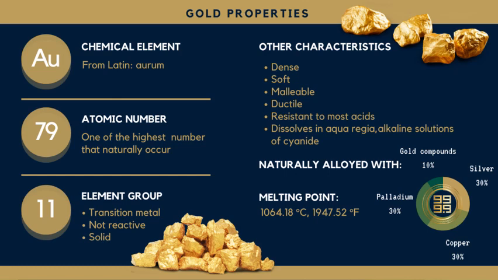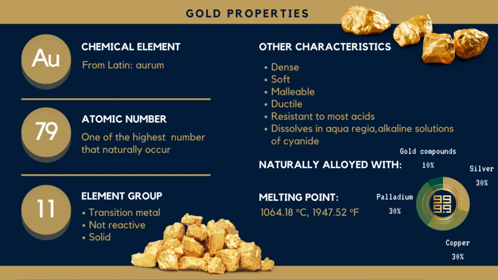and solid in state. Other characteristics: dense, soft, malleable, ductile, resistance to most acids, dissolves in aqua regia, alkaline solution of cyanide. It has high density, soft in nature, malleable, which can be beaten into sheets, ductile, can form a thin wire, resistant to most acids, does not react with acids because gold is very less reactive. Aqua regia is a very strong solution.